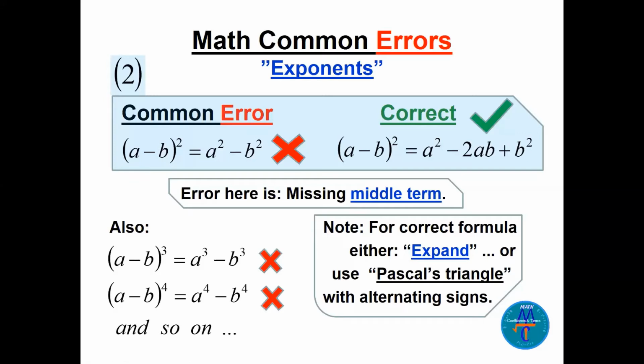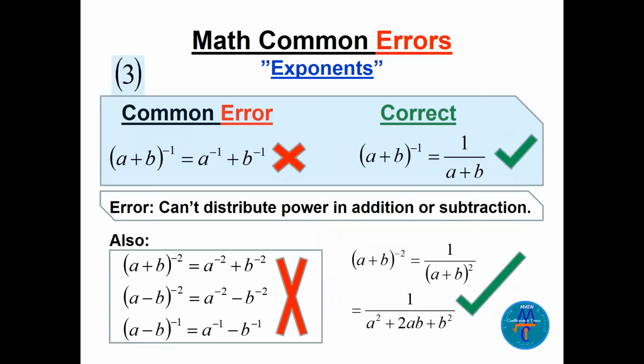Easy to do that. Number 3, A plus B all to the power minus 1. Many math users write A to the minus 1 plus B to the minus 1. Completely wrong, unfortunately.